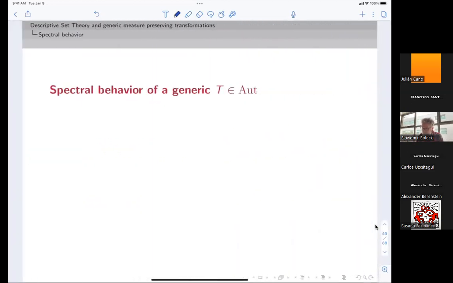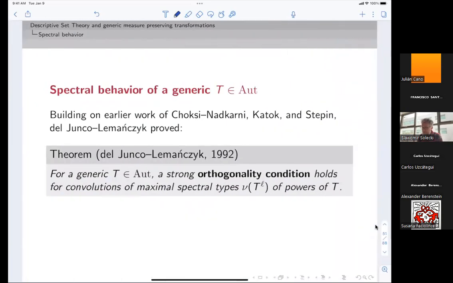So this is what one should look at probably. As it turns out, this is actually correct. So, spectral behavior of a generic T. And I would like to keep it on a somewhat abstract level, not to go into the definitions, just to see what kind of objects we get and what kind of contradictions we get later on.